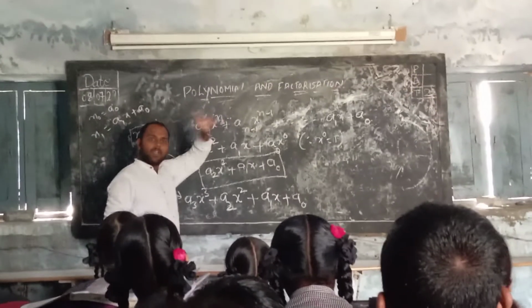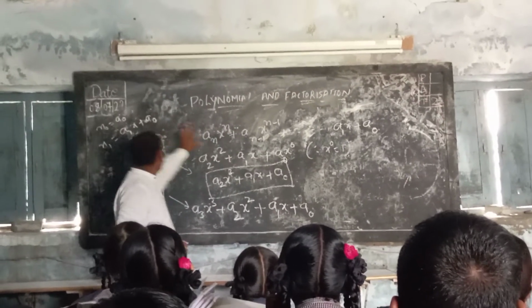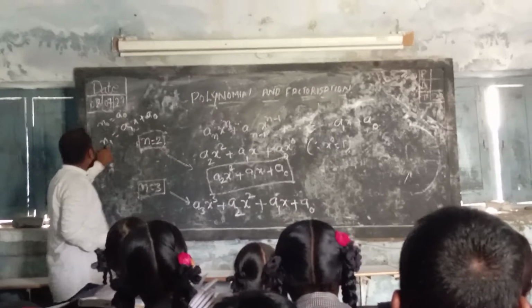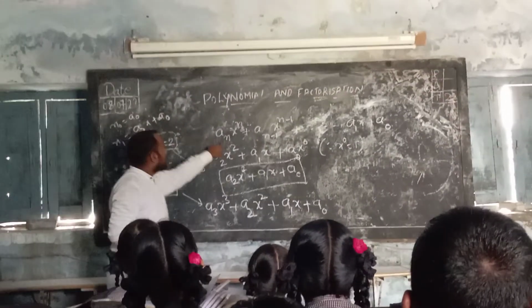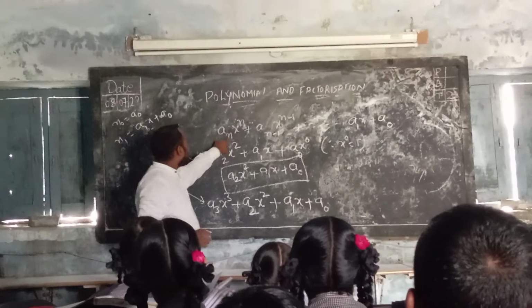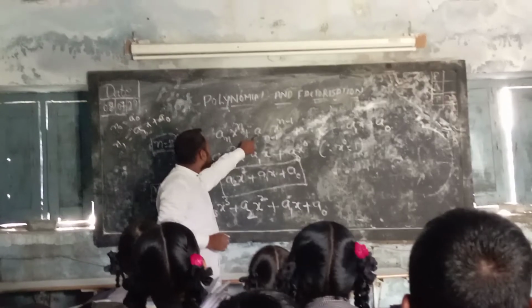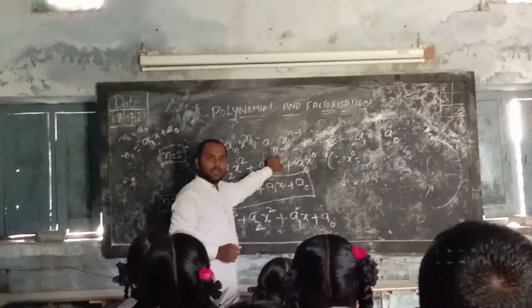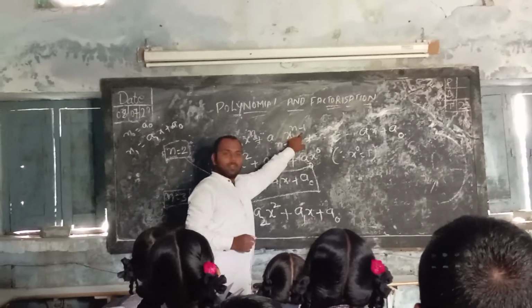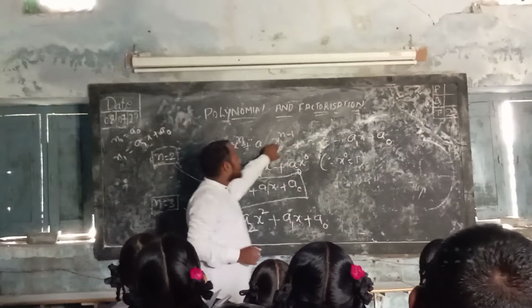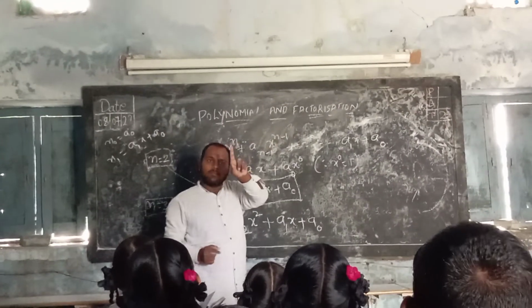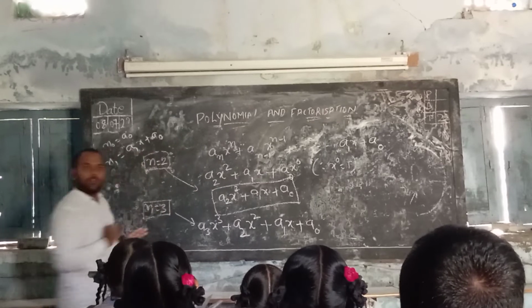X to the power of 0 value is 1. That's why we are getting a0. When you keep n equal to 1 in this expression, a1 x to the power of 1 plus a0, because 1 minus 1 becomes 0, and x to the power of 0 is again 1. That is the standard formula, right?